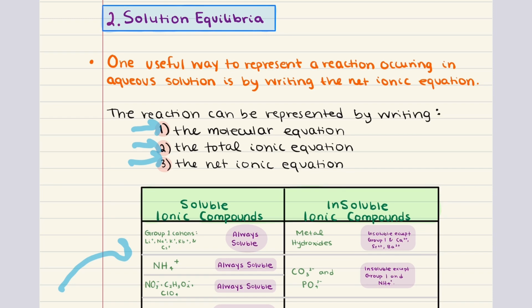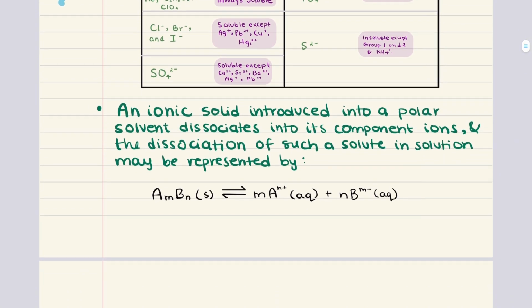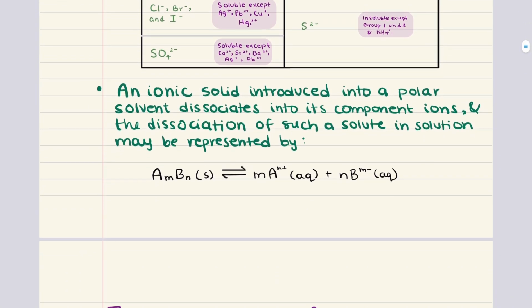And finally, they highlight the similarities among different reactions, particularly those involving electrolytes, which helps us recognize patterns across different systems. Now that we've reviewed net ionic equations, let's dive into solubility equilibria.